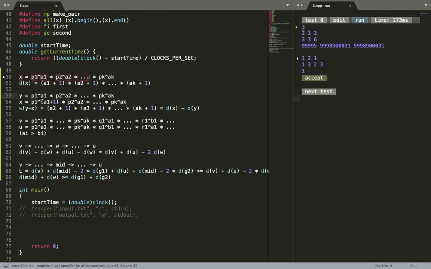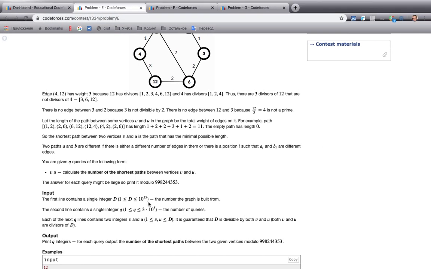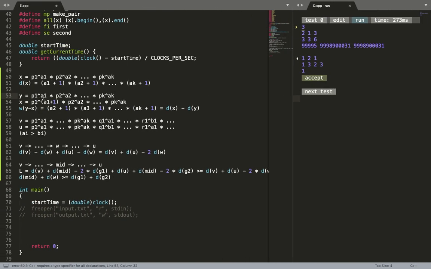I just know that all their prime divisors are prime divisors of d. For each of them I can calculate the power just by trying to divide while it's dividing.